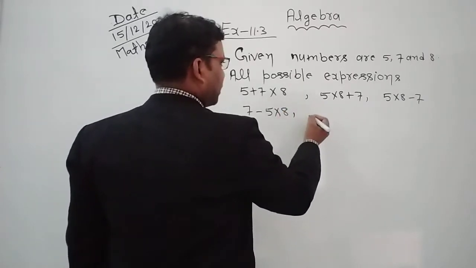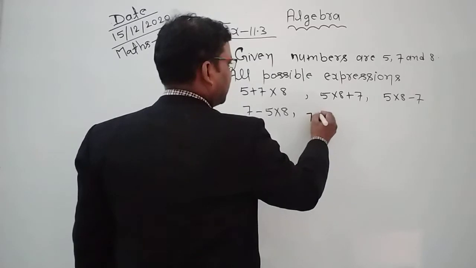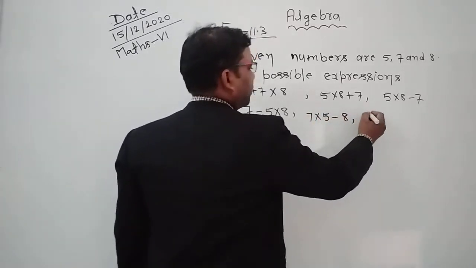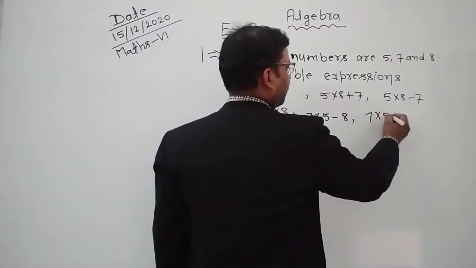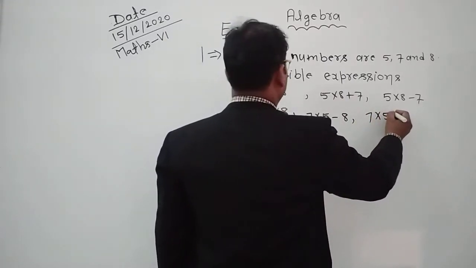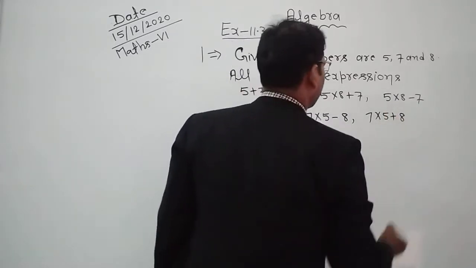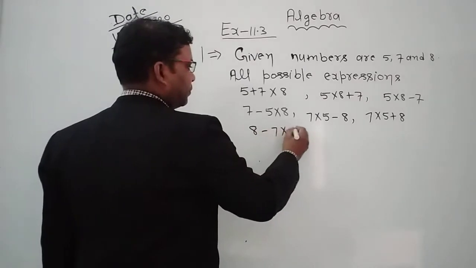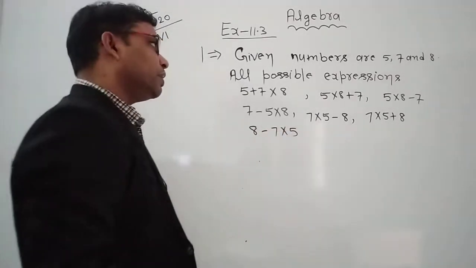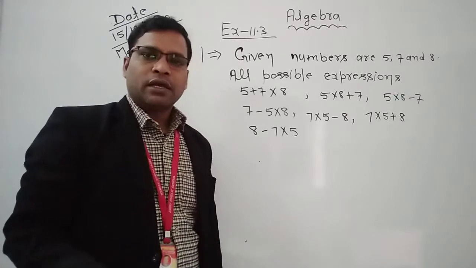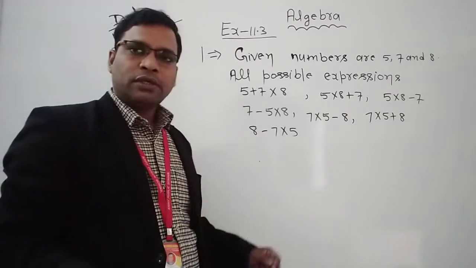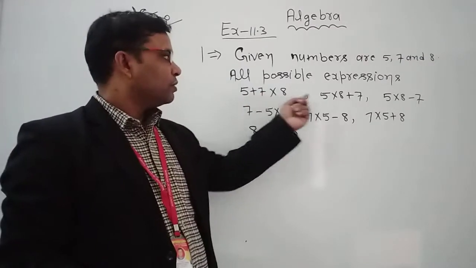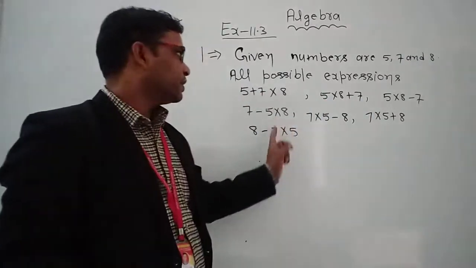Next we write here again 7 into 5 minus 8, 7 into 5 plus 8. Also write 8 minus 7 into 5. So in this way you make so many expressions without variables. You can see here, no variables: 1, 2, 3, 4, 5, 6, 7.